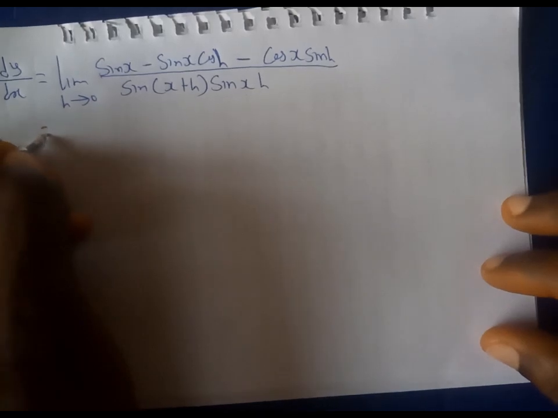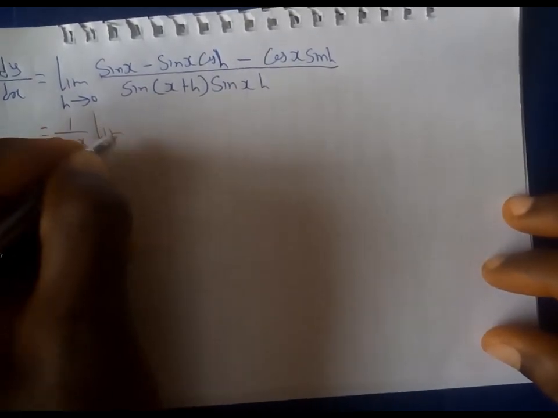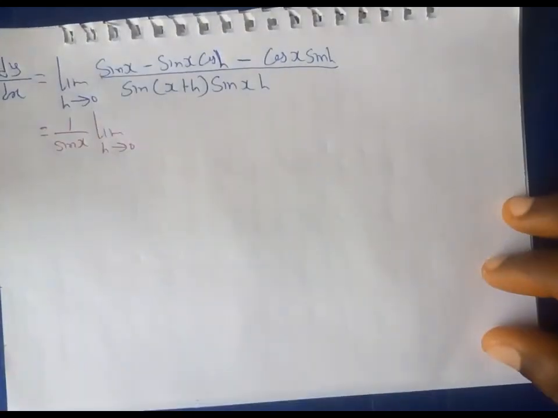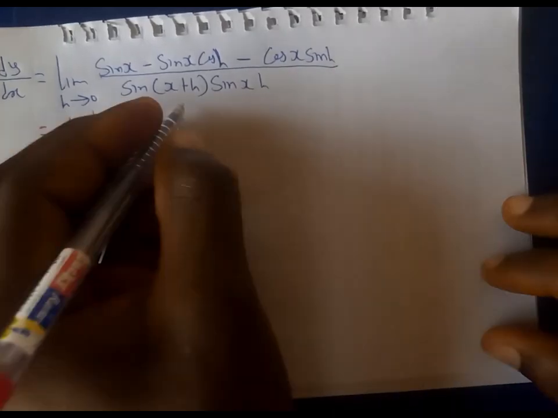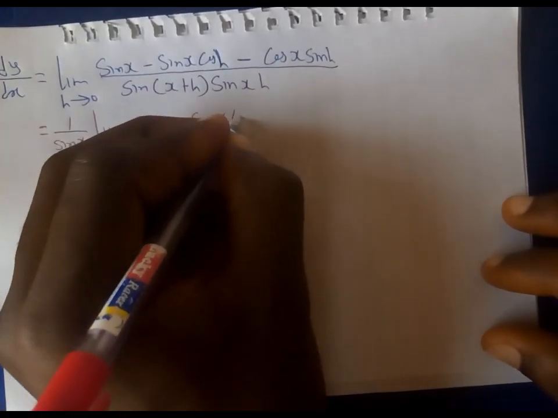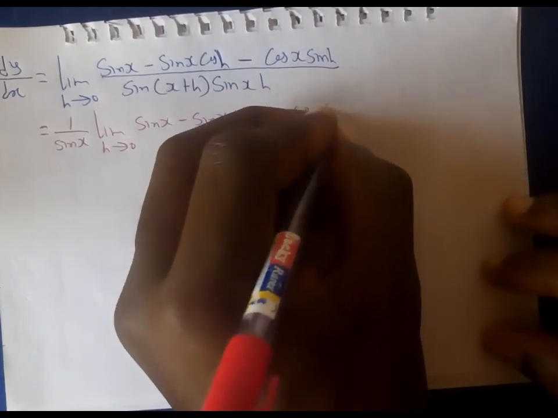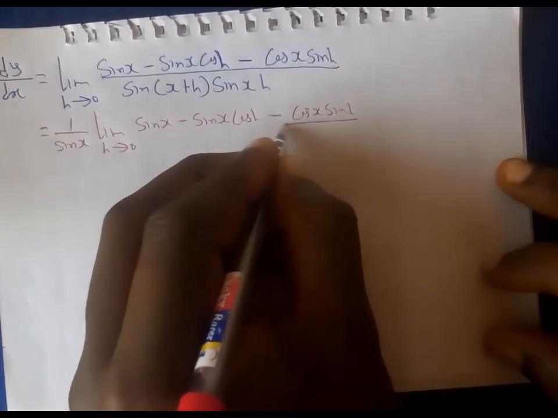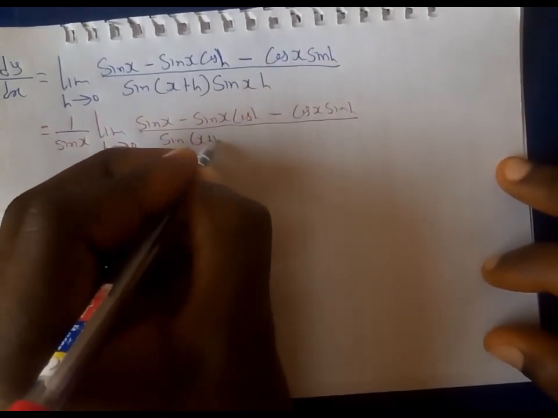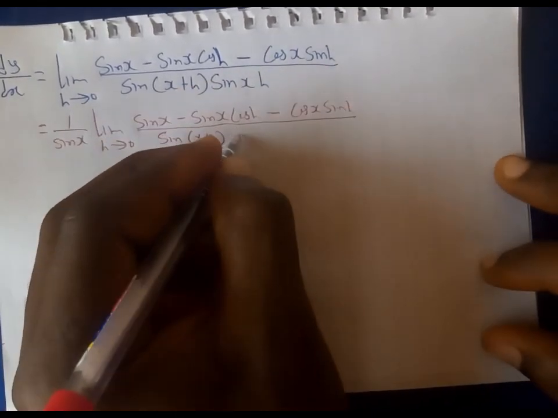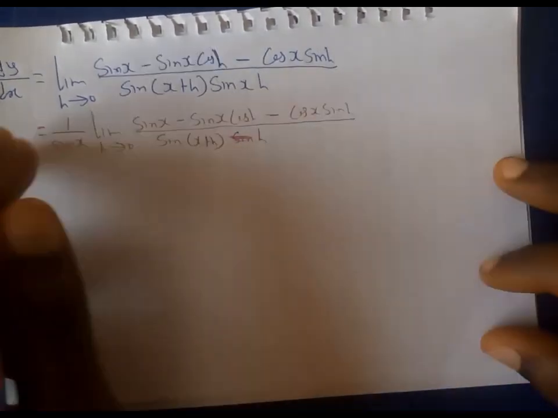So we have dy/dx equals 1 over sin x times the limit as h approaches 0 of sin x minus sin x cos h, minus cos x sin h, then entirely divided by sin(x + h), and again just h.